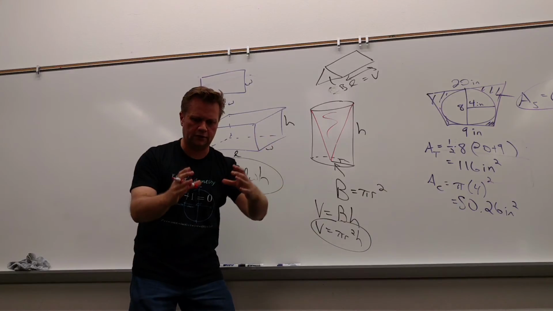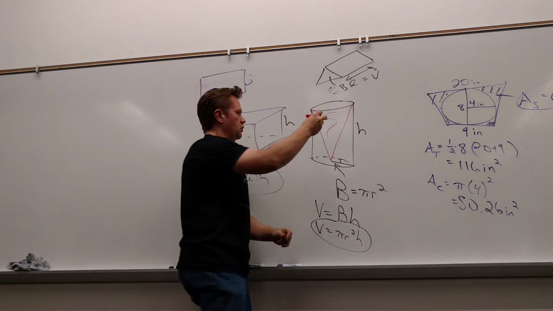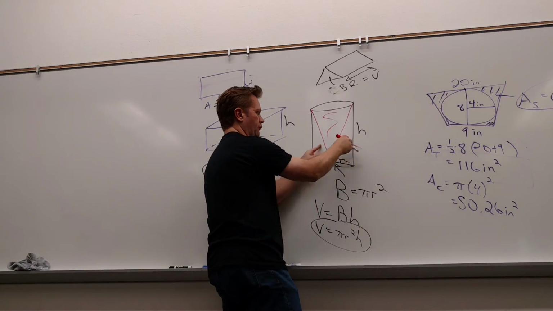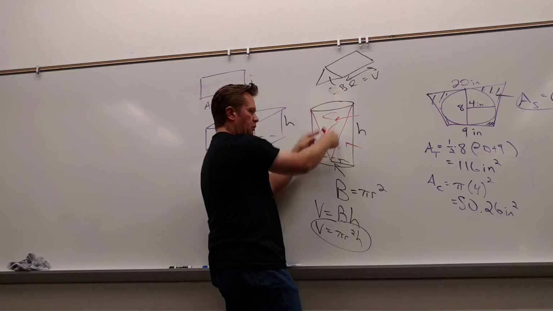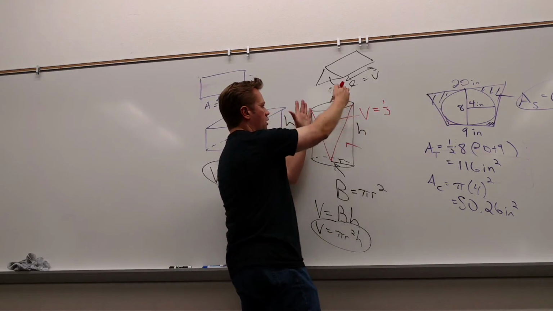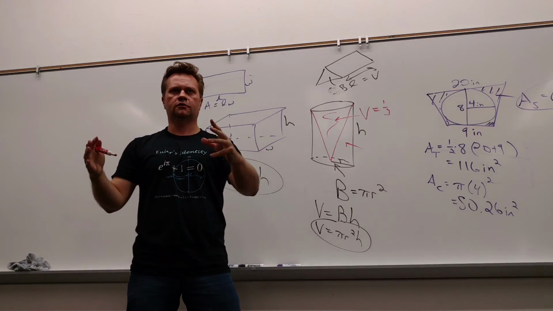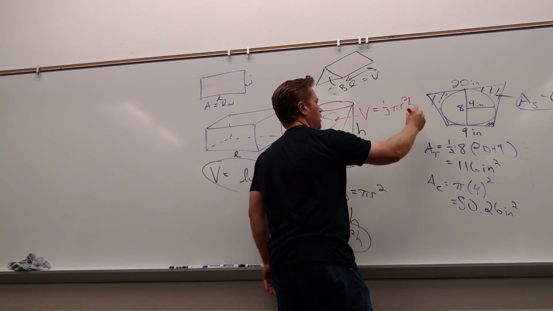If I cut this cone out, there's empty space all around it. So there's twice as much stuff here as there is here. So the volume of a pyramid, in this case the cone, is always going to be 1/3 the volume of what I cut it out of. So it'll be 1/3 pi r squared H.